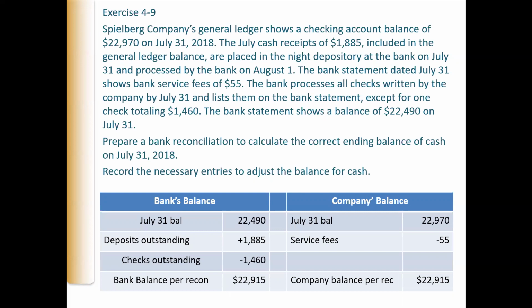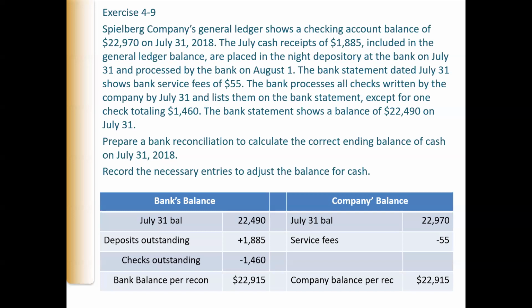Do you see that when we add the deposit outstanding and subtract the checks outstanding, the bank's balance is $22,915? And over on the company side, when we subtract the service fees not recorded by the company, we get $22,915. We balance, guys.